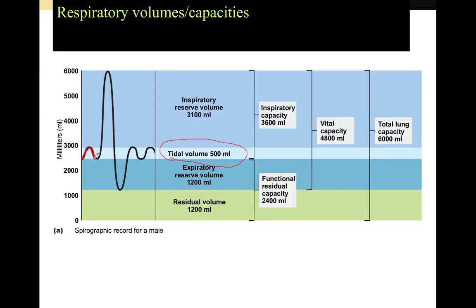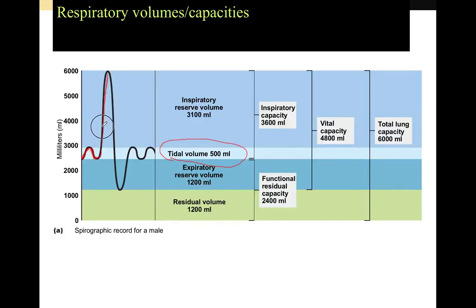So this part of the graph represents your exhalation. So this whole little bump that you see is referred to as tidal volume. And in an average healthy male, the amount of air that's being exchanged every time you take a breath is about 500 milliliters.